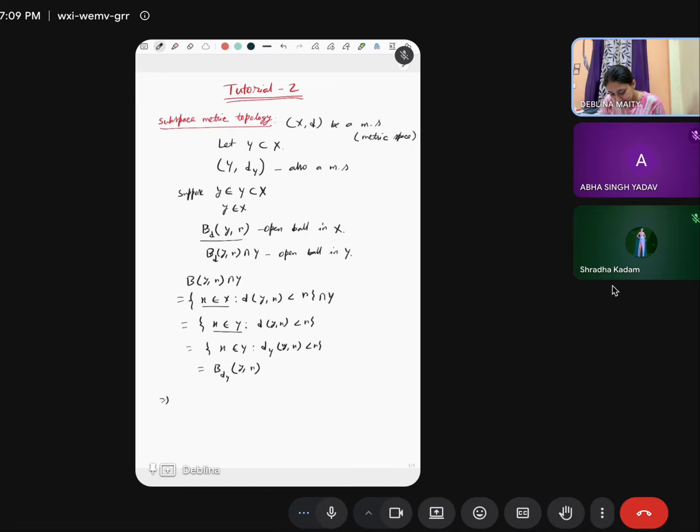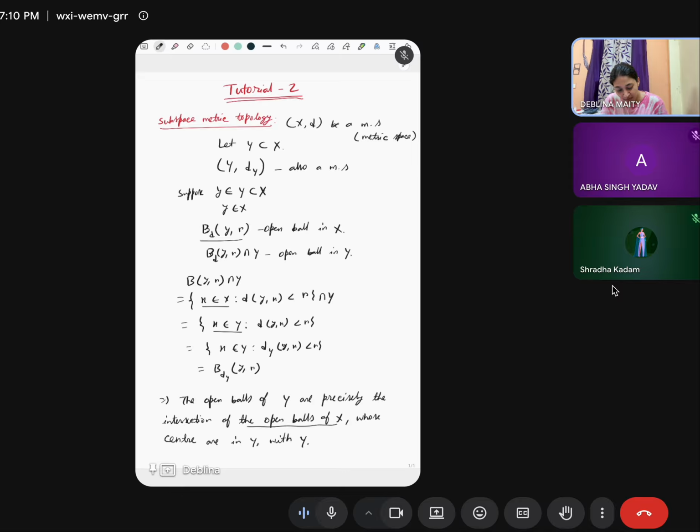So this means the open balls of Y are precisely the intersection of the open balls of X whose centers are in Y, with Y. So this is about open balls.